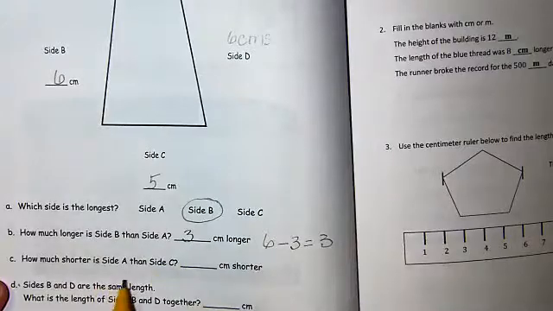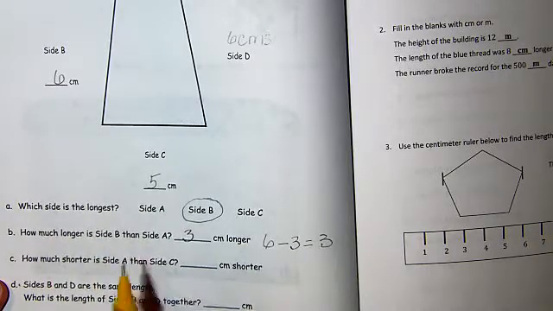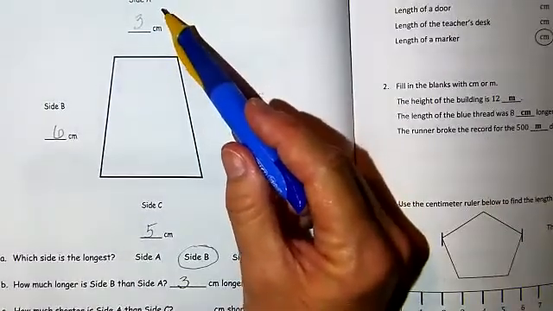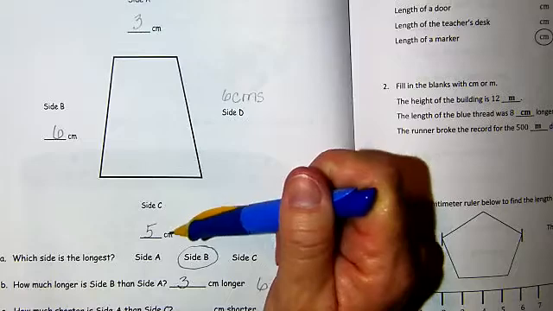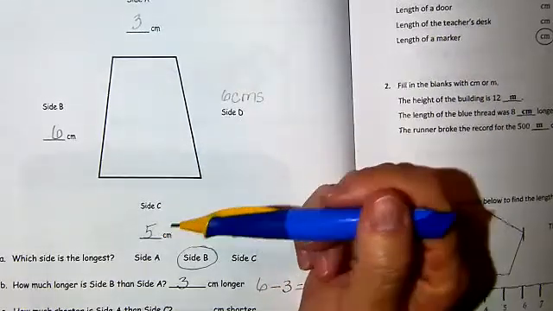How much shorter is side A than side C? So again, whether it's shorter or longer, we're looking for the difference between these two sides. If we're looking for the difference between the numbers, we are subtracting.